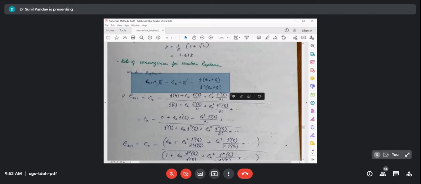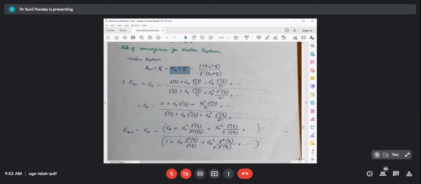So we have replaced xk by the error plus root. And now the next step is easy.